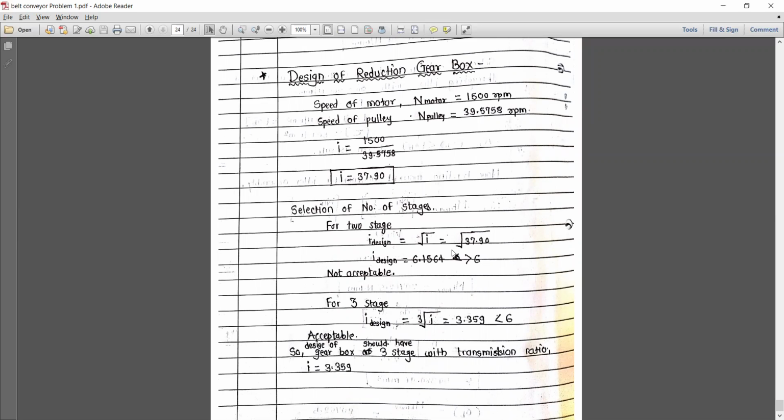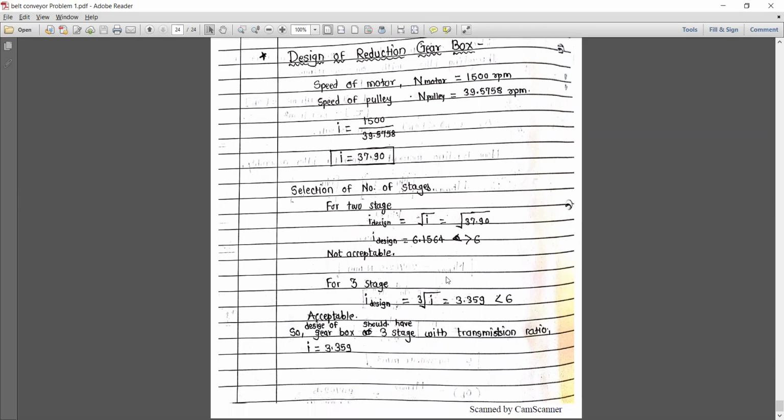The speed of the motor is 1500 rpm, and the lowest speed is 39.5758 rpm. So the transmission ratio is input divided by output, so I is equal to 37.90.